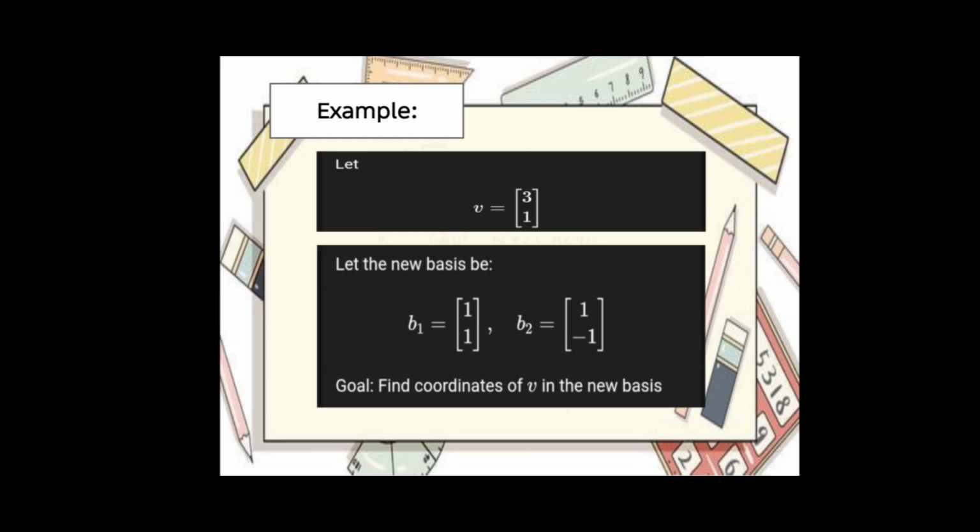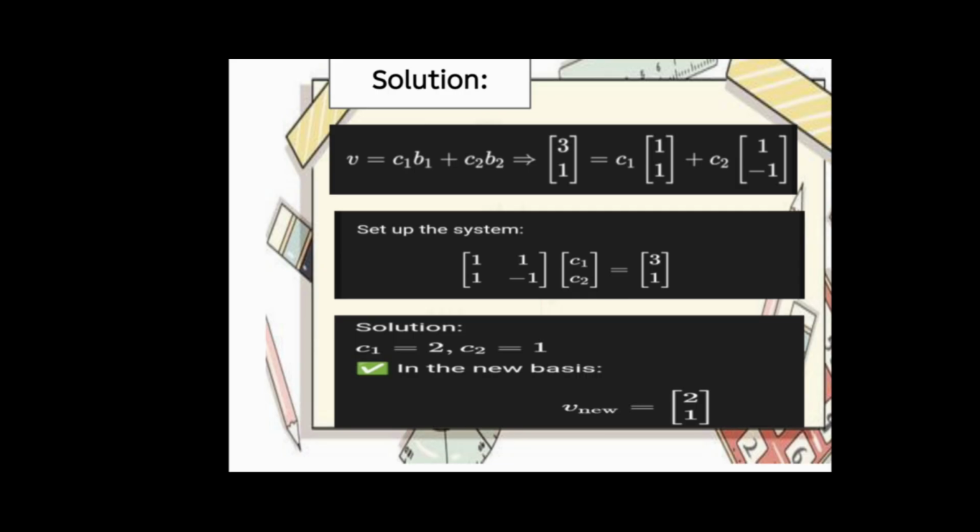Let me show you the step-by-step solution on how we arrive at the new answer. So, in order for you to understand it better, let me show you the step-by-step process for getting the new vector, and also for getting the scalars or constants C sub 1 and C sub 2.